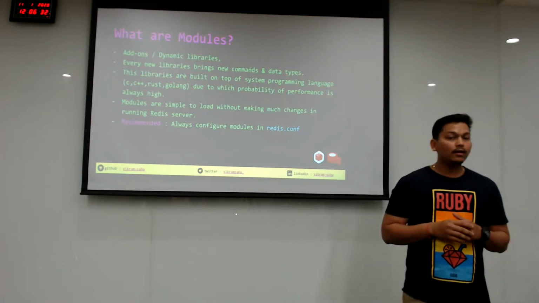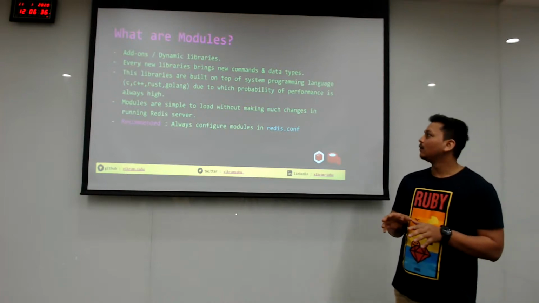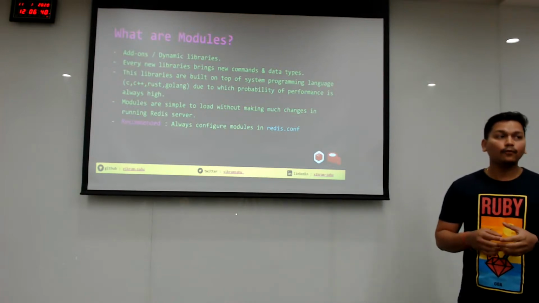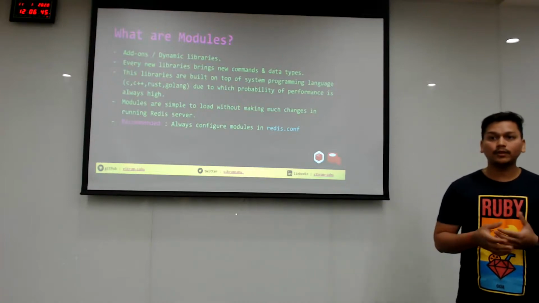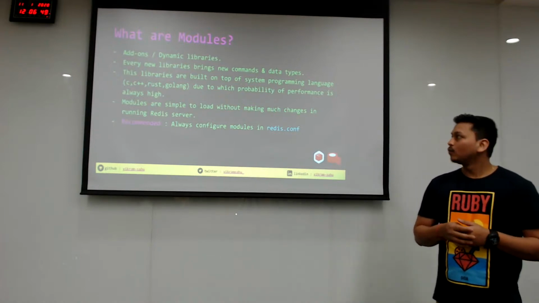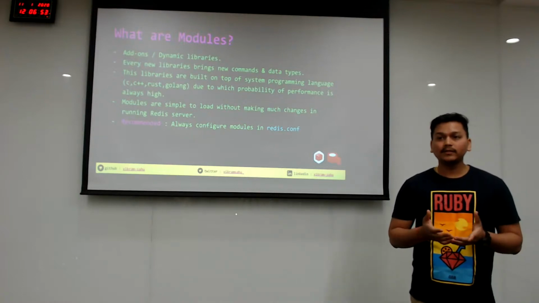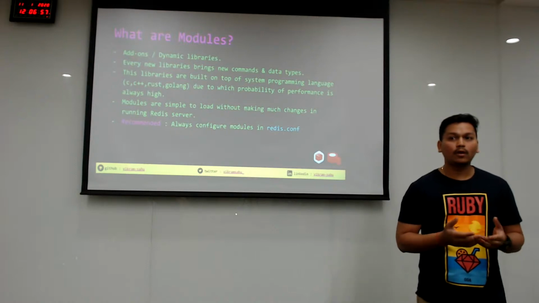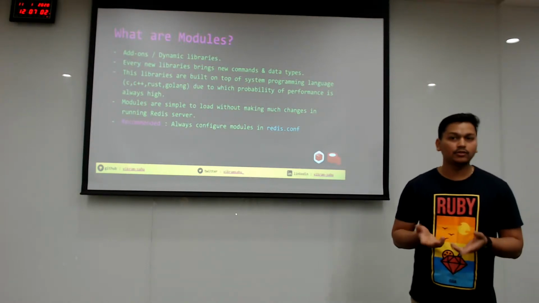These modules are usually written in C, Golang, Rust, C++. These languages are very near to system programming languages, so you can say these are the fastest. C is the mother of all languages. There is always a chance of getting the highest possible output or results when these modules are developed in C or Rust or C++, right?